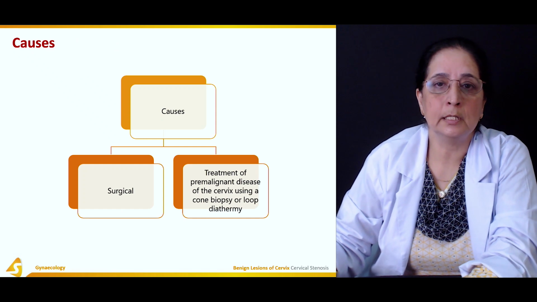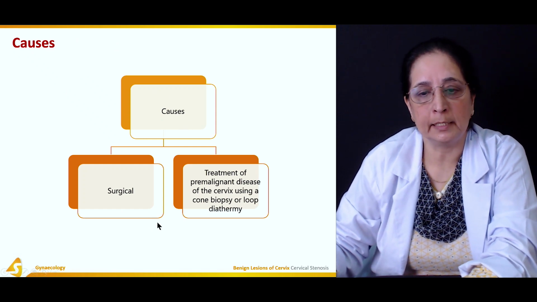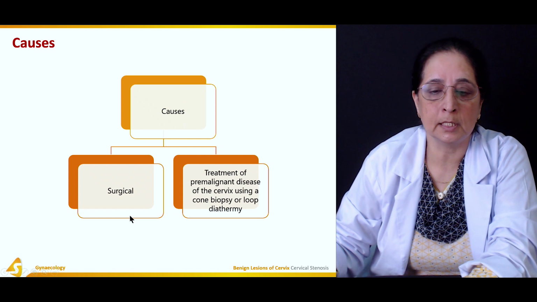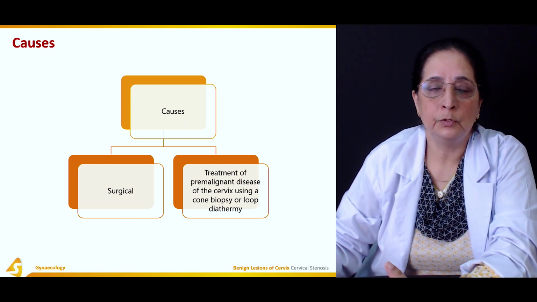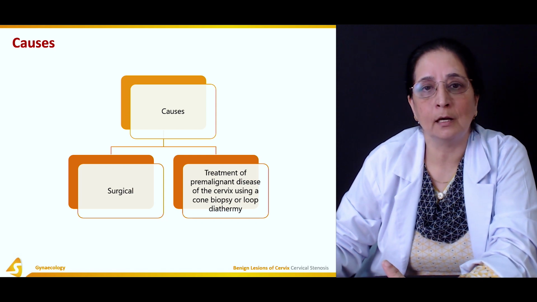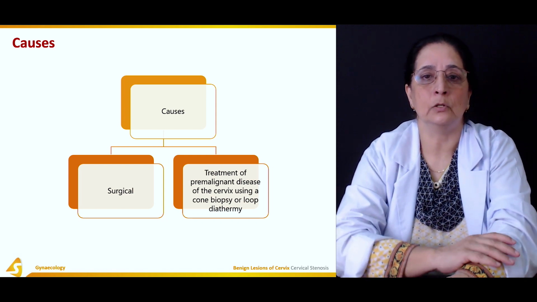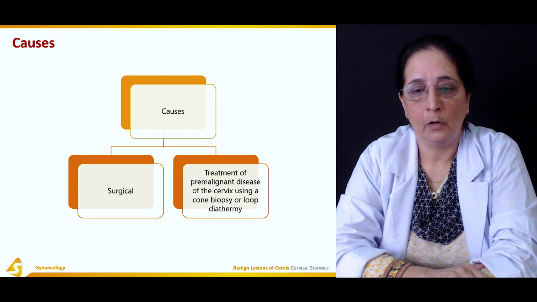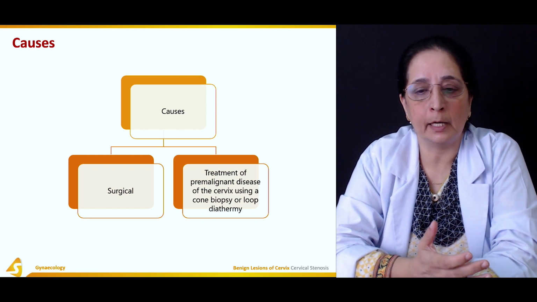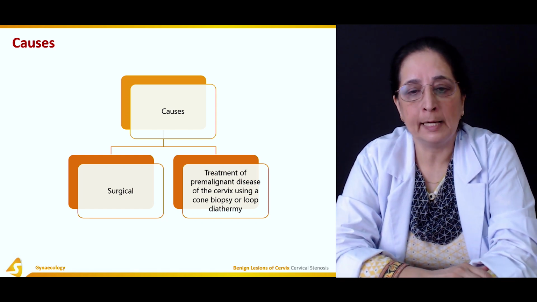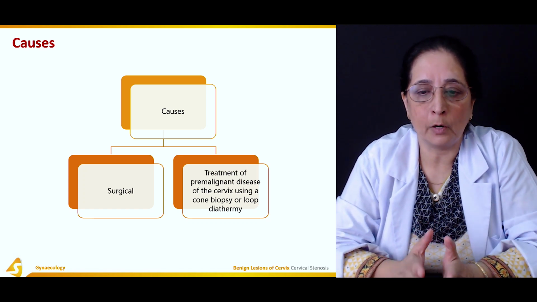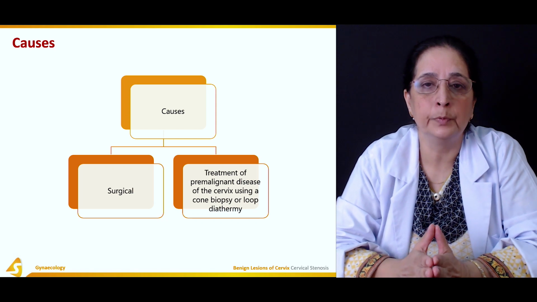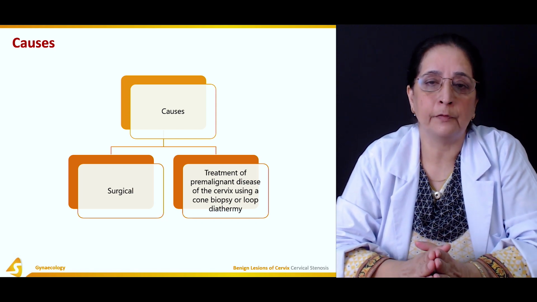What are the causes of stenosis? It can be surgical causes, after surgery is performed, usually due to adhesion and scarring. It can cause stenosis of the cervix. Or it can be due to treatment of pre-malignant disease of the cervix, when a biopsy is done or when loop diathermy is performed.